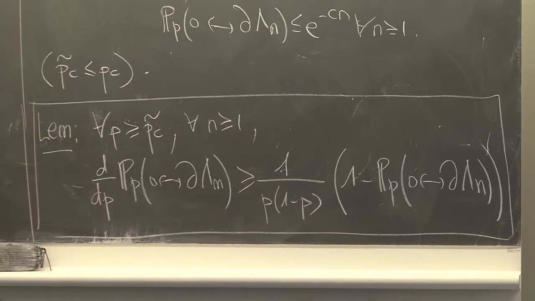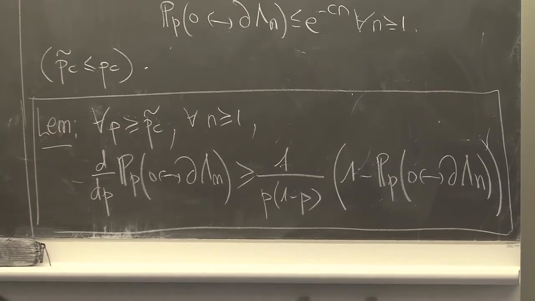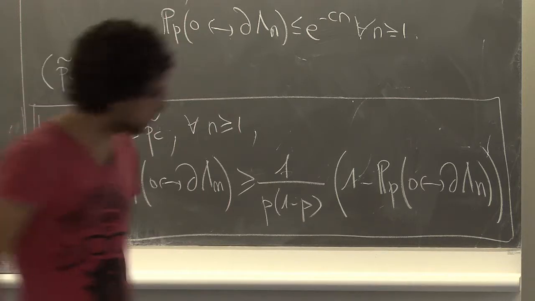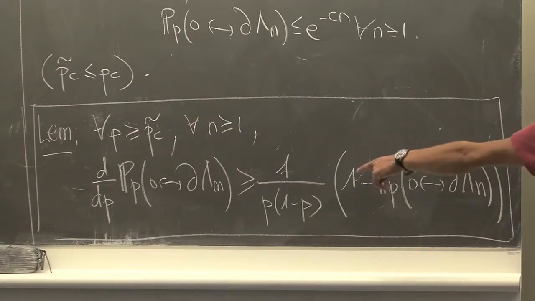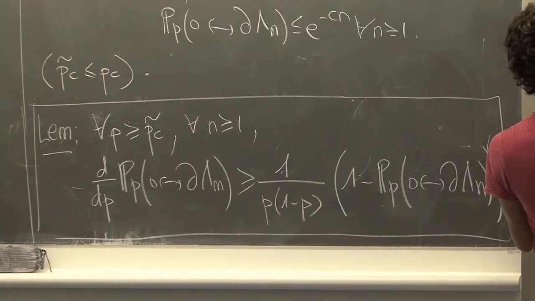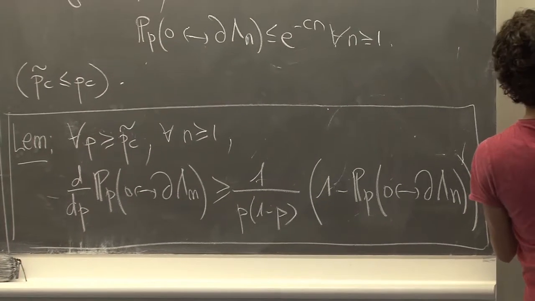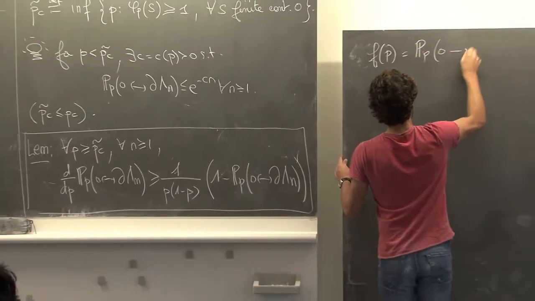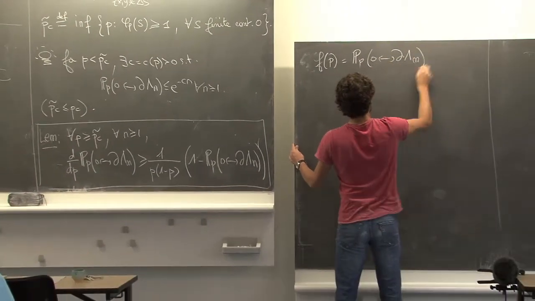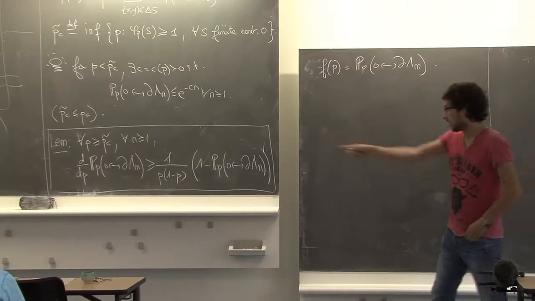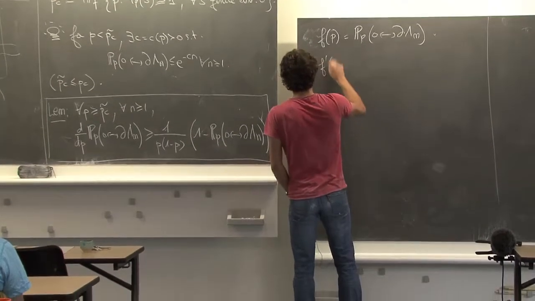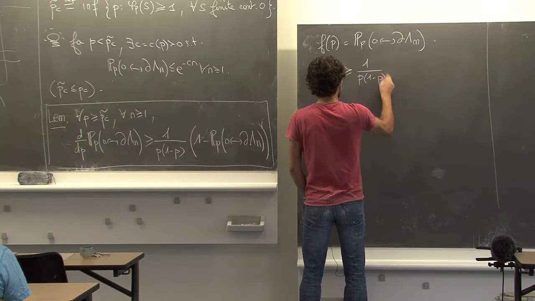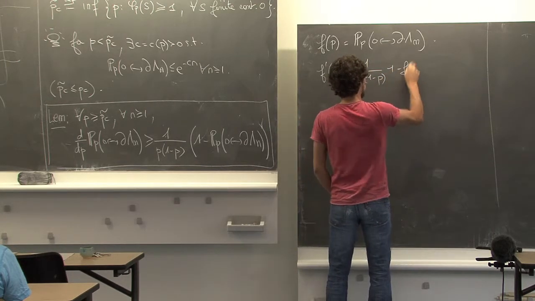Imagine you have that for any p larger or equal to p_c tilde. Then, what can you deduce? Well, just integrate. Set f of p to be the probability that 0 is connected to the boundary of the box of size n. Here you get f prime of p larger or equal to 1 over p(1 minus p) times 1 minus f of p.